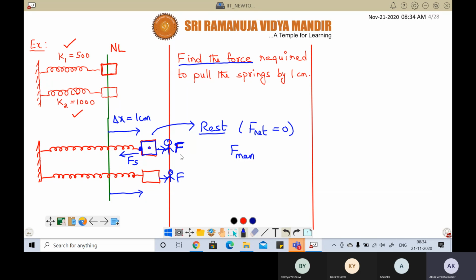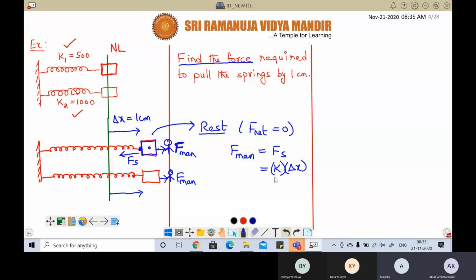The force applied by the man must be equal to the spring force. And what is the spring force magnitude? K delta x, where K is the spring constant and delta x is the elongation. Correct.